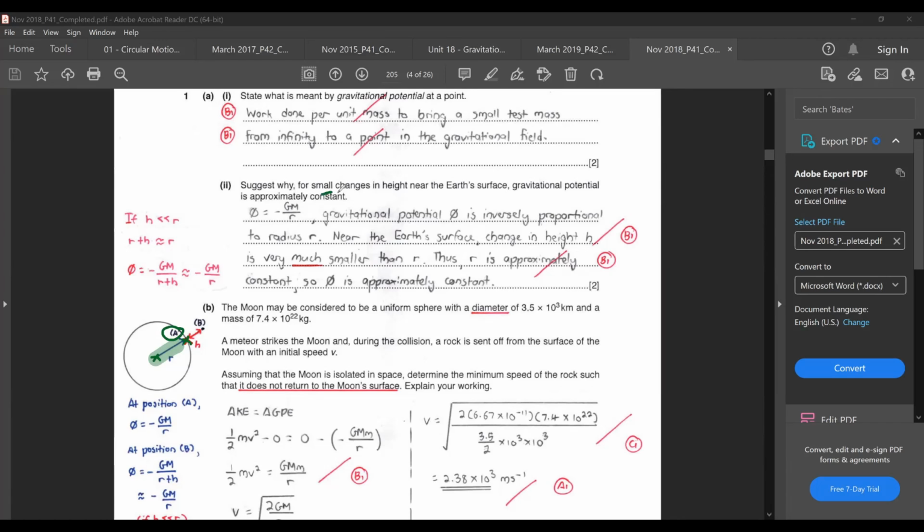Now, if we have small changes in height near the Earth's surface, that would mean that we have to go a short distance of h. So let's say that we go a short distance above the surface of the planet, a distance of h.